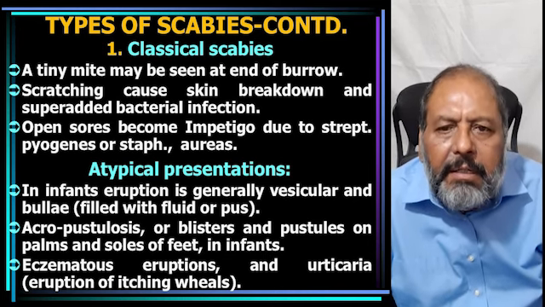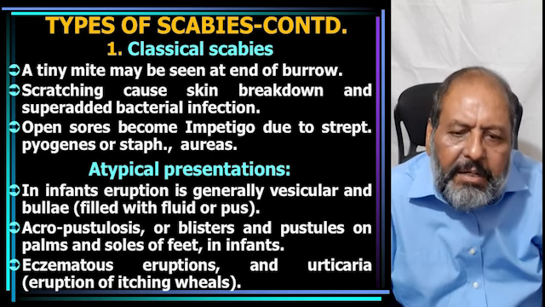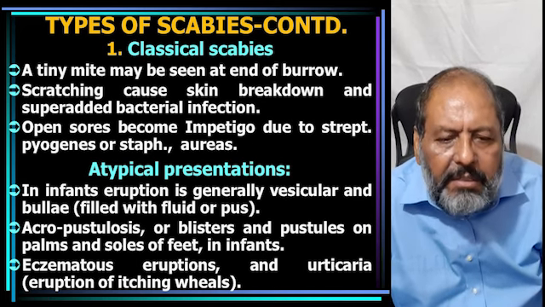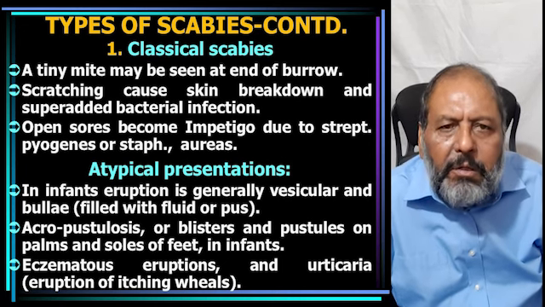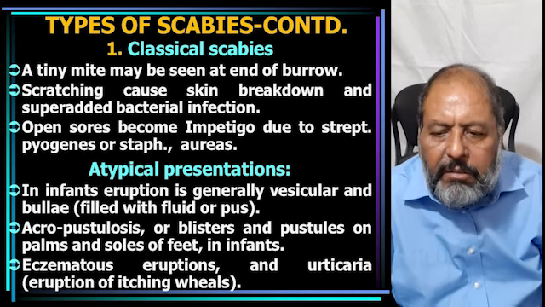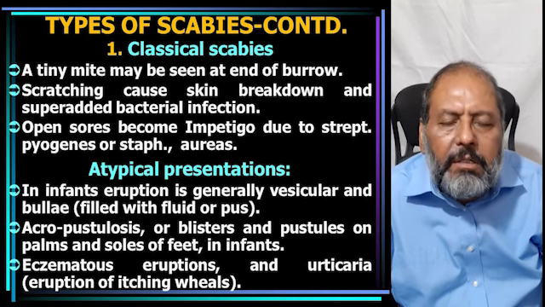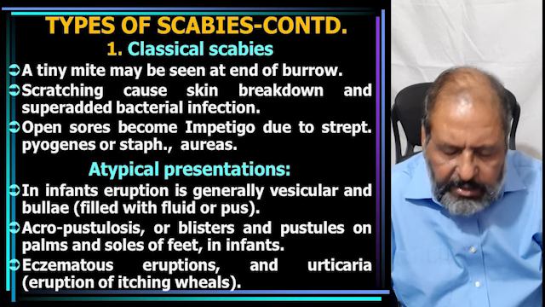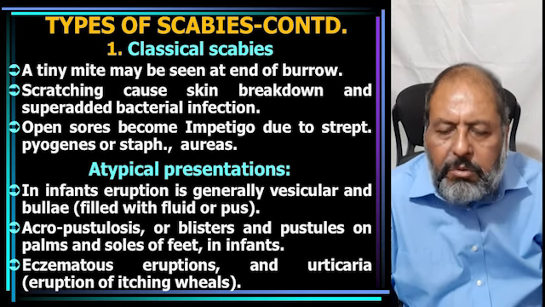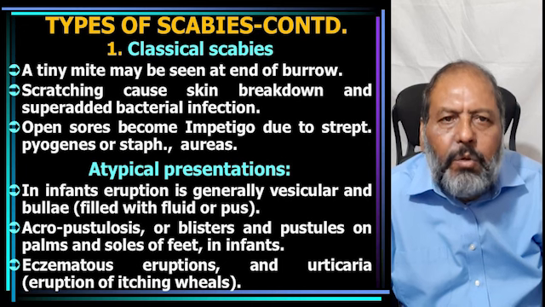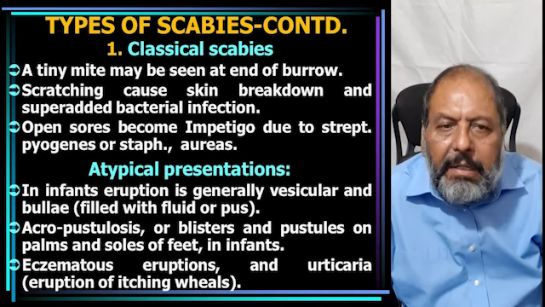Sometimes there are atypical presentations. In infants, the eruption is generally vesicular and bullous, that is, filled with fluid or pus, and that is called acropustulosis. Acro is the word used for hand, so these are blisters and pustules on the palms and soles of the feet, seen in infants.